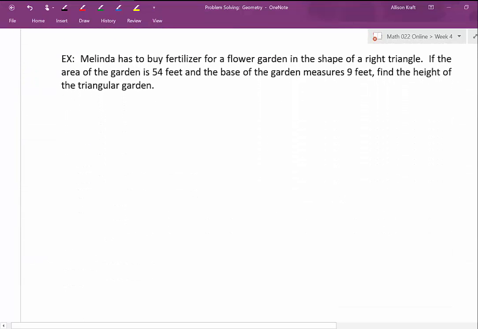In our last example, Melinda has to buy fertilizer for a flower garden in the shape of a right triangle. If the area of the garden is 54 square feet and the base of the garden measures 9 feet, find the height of the triangular garden. I'll start by drawing my right triangle.